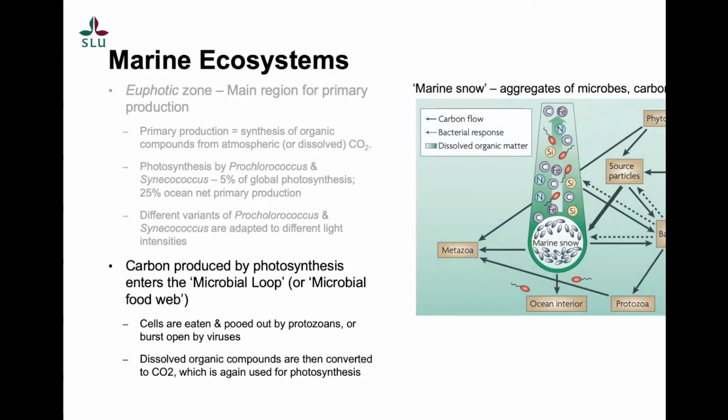What you wind up getting is this accumulation of organic matter into these small particles that are also inhabited by different microorganisms that are feeding off of that carbon, as well as other elements that are in the marine environment. So you get this sort of food web that is essentially on all these small little particles.